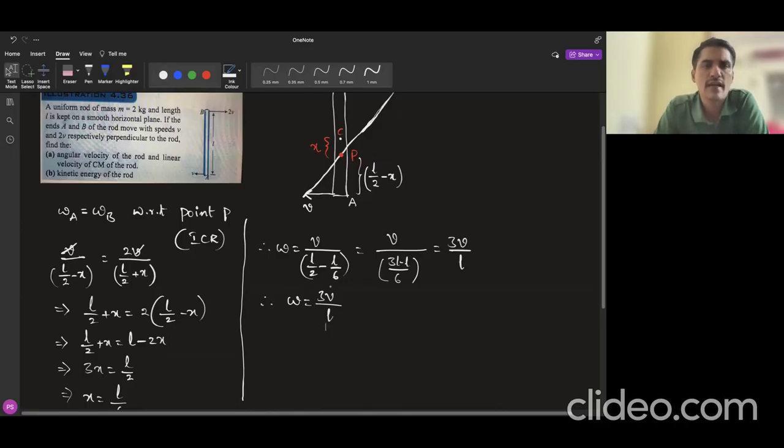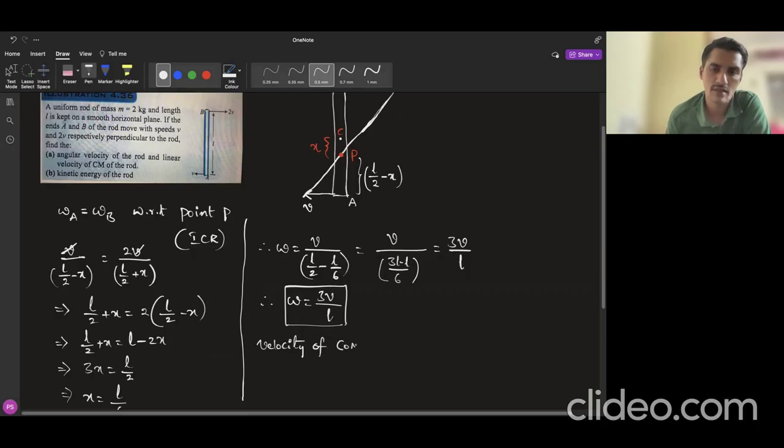Now, how to find the velocity of center of mass of the rod? It is very simple to understand. We have calculated the angular velocity. Now let us calculate the velocity of center of mass of the rod. No need of discussing rotation now; we need to discuss only translation.